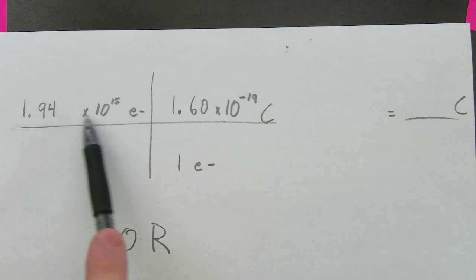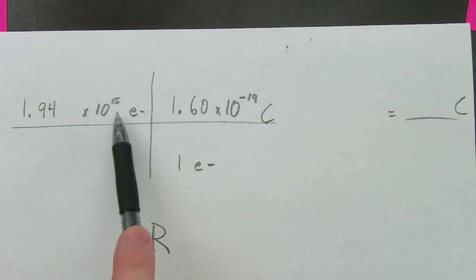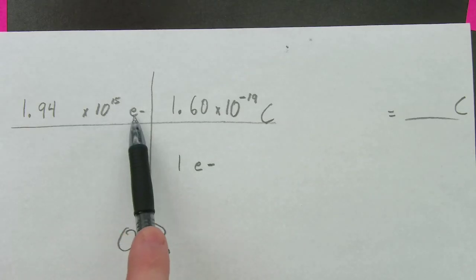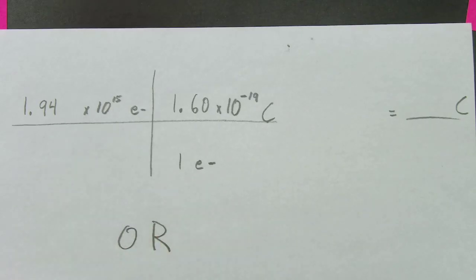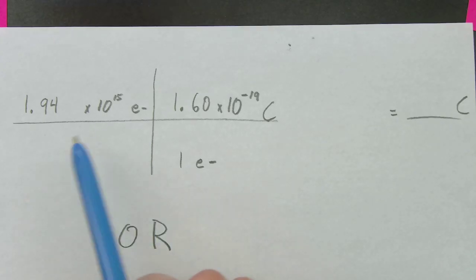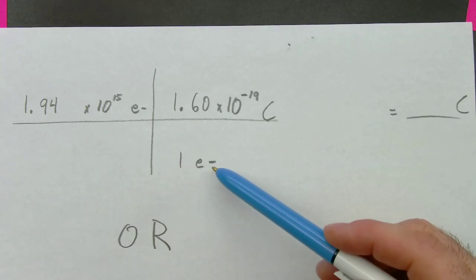So you start with what you have, 1.94 times 10 to the 15th elementary charges. Then you're going to want to get units to cancel, and so you're going to put the elementary charge on the bottom. So you're basically going to try to get units to cancel.